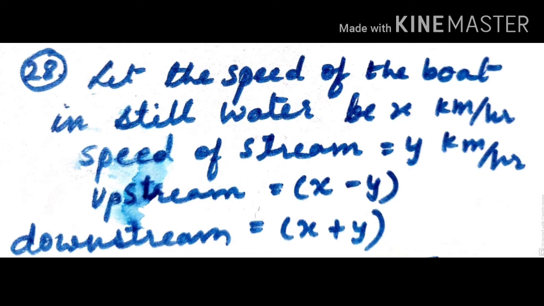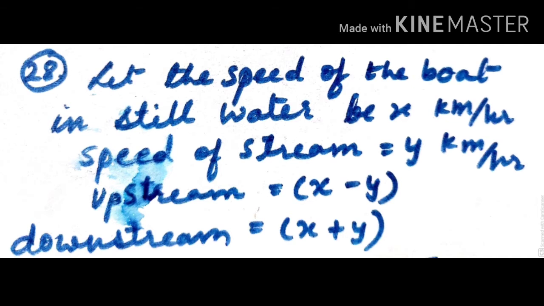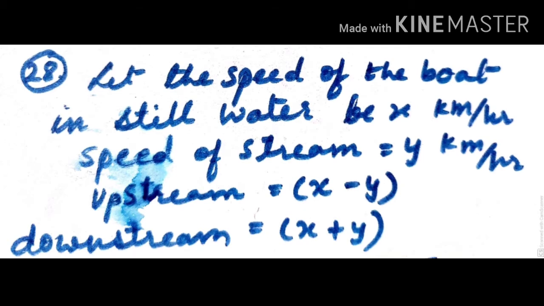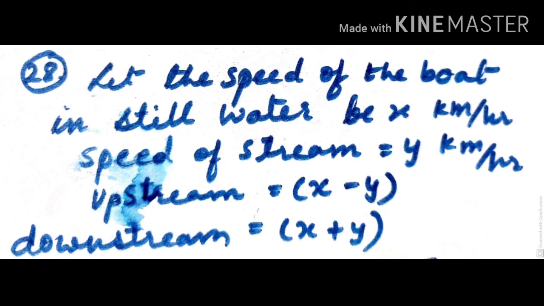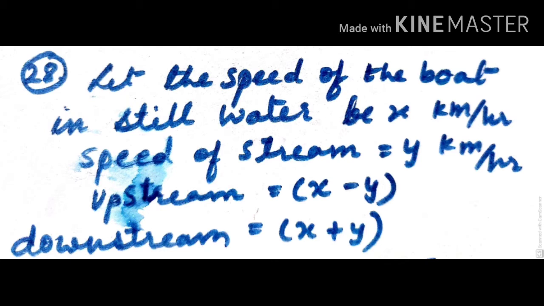And when the boat is moving downstream, we add the still water speed and the stream speed. So whenever boat and stream questions come, you have to remember that upstream is always x minus y and downstream is always x plus y km/h.